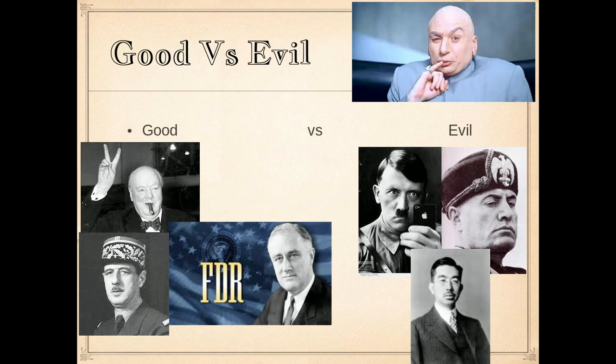Then you have Hideki Tojo in Japan and what he did to the Chinese, killing millions. So that's what dictators do. They don't provide rights, and anybody who does not fall in line with their belief system, it's either arrest or kill.